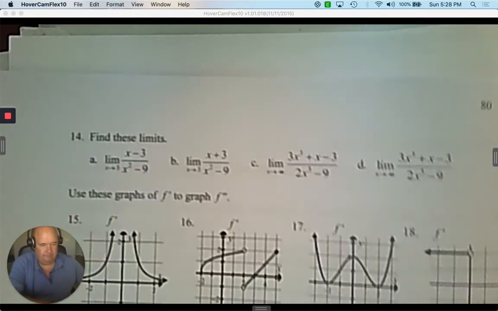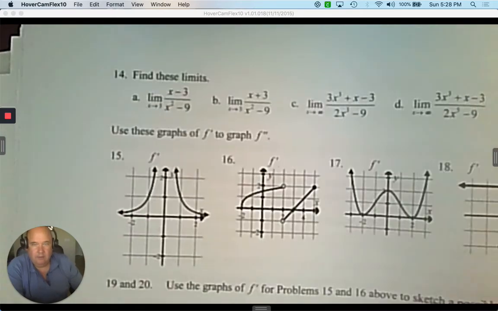All right, number 15, 16, and 17. It says use these graphs of the derivative to graph the second derivative. So first of all, let me just look off of here and see what information I get.